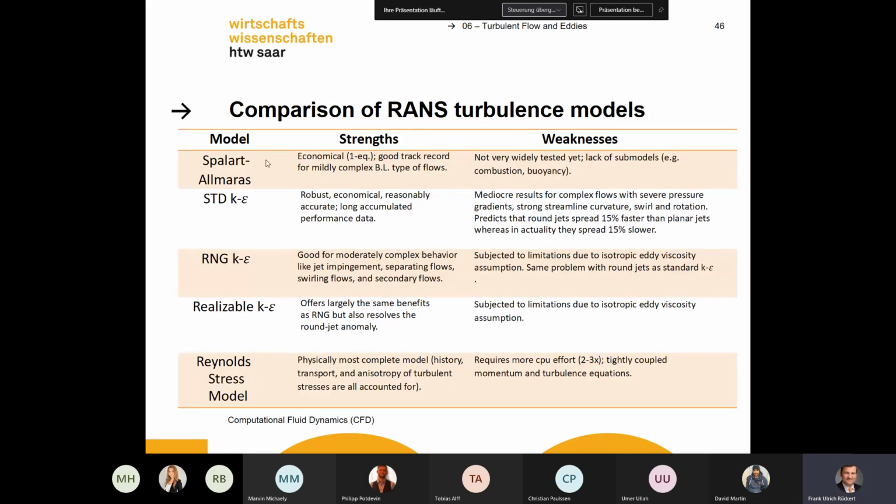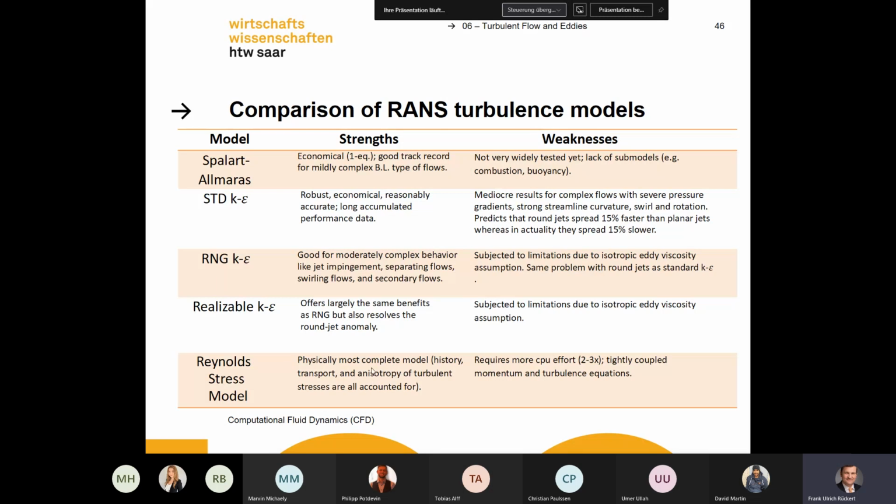Okay, here again is a list. I don't want to read it all, but here are some turbulence models summarized. The Spalart-Allmaras model, standard K-epsilon models, this RNG K-epsilon model, realizable K-epsilon models, and also so-called Reynolds stress models.